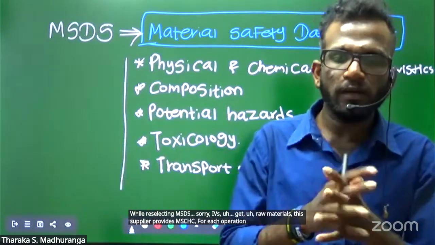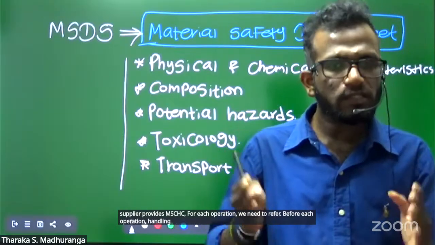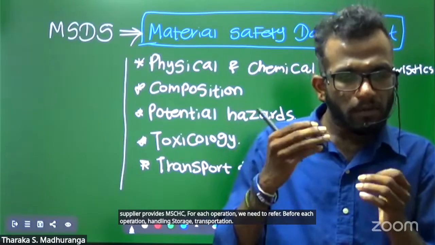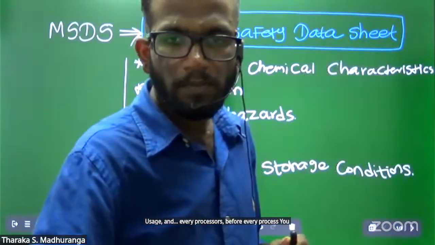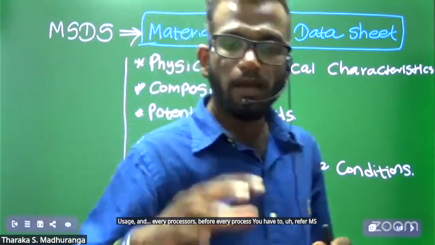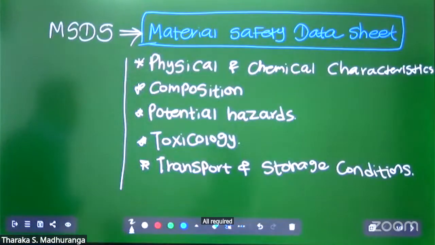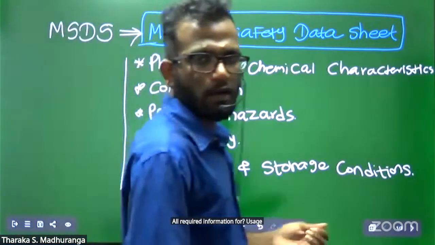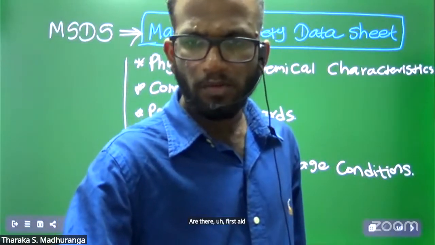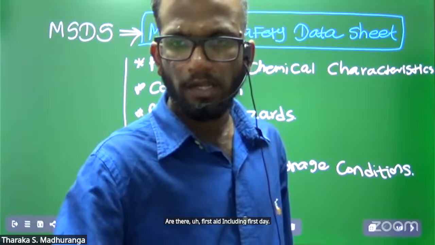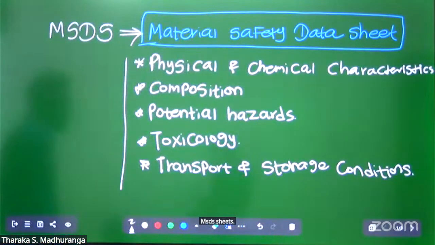We need to refer to it before each operation: handling, storage, transportation, usage, and every process. Before every process, you have to refer to the MSDS sheet, which contains all the required information for usage, including first aid. Every piece of information is contained in the MSDS sheets.